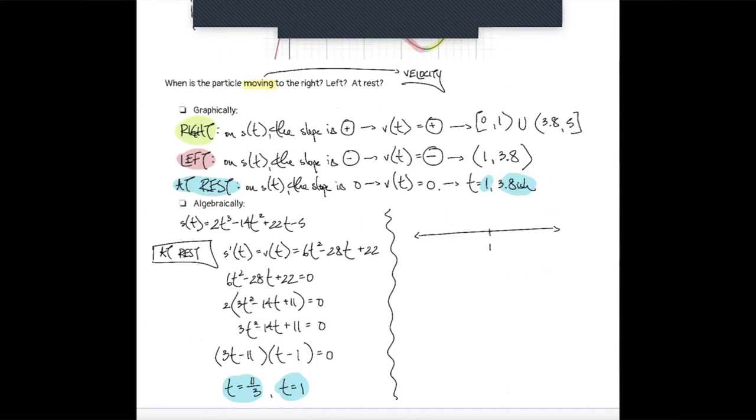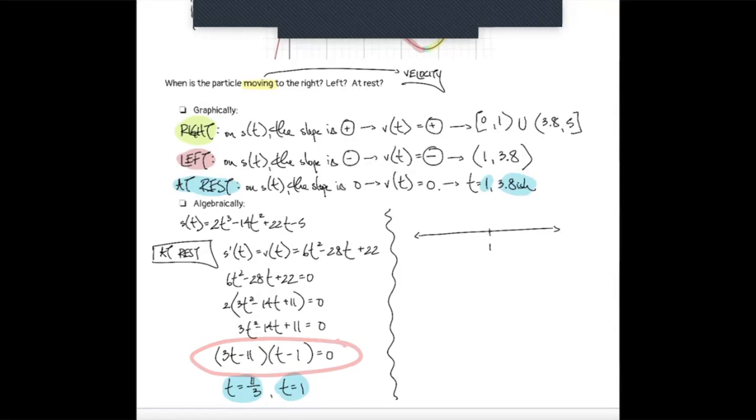What might be a good value to choose on the left-hand side of 1? Let's try 0. Nice, straightforward number. We're going to take 0 and plug it into this equation down here. I want you to tell me, do you get a positive number or a negative number?